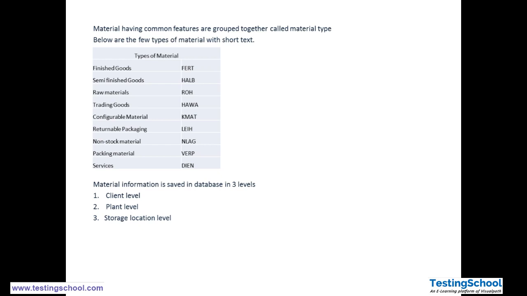Client will have only the data which client level requires. Plant will have only the data related to plant activities. Storage location will have only the data related to the storage location level.